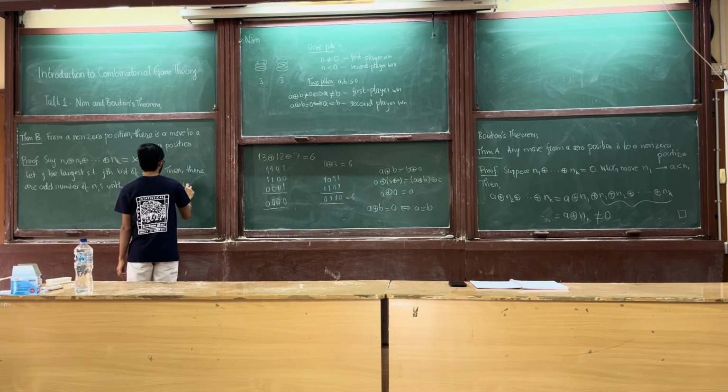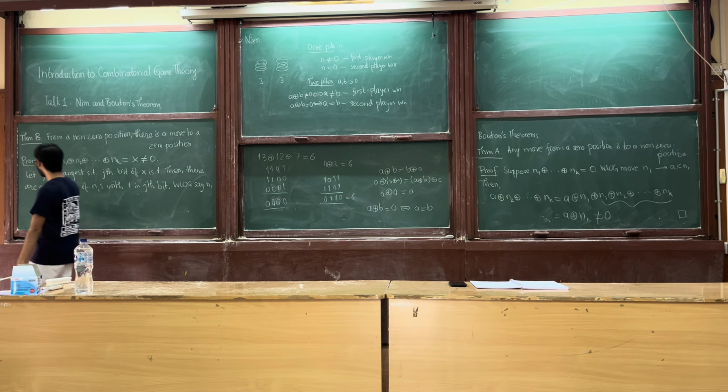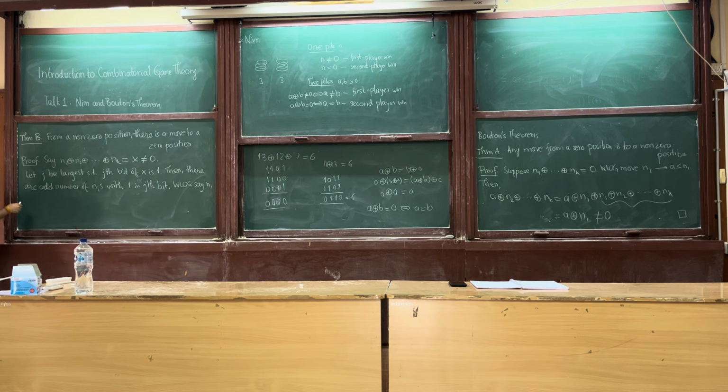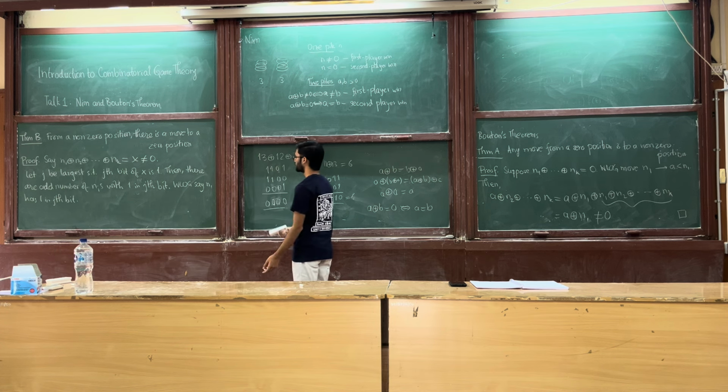So in particular there is at least 1. It can't be 0. So without loss of generality, say n1 has a 1 in its jth bit. Then I want to somehow modify n1 and make this nim sum 0.